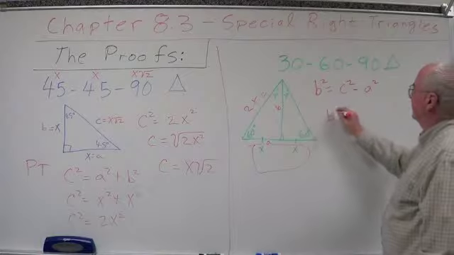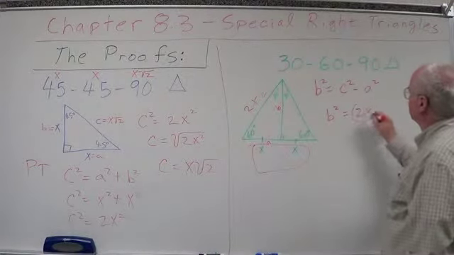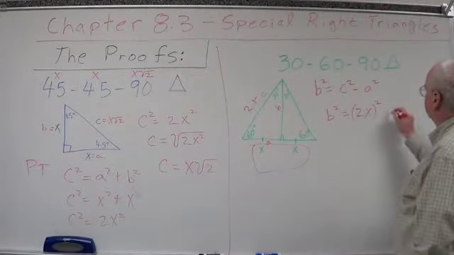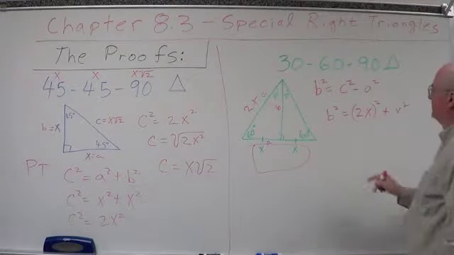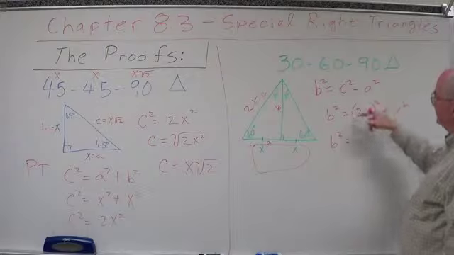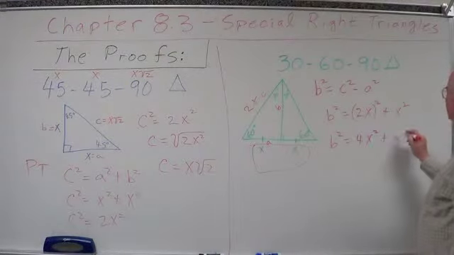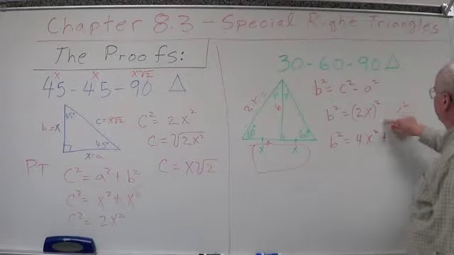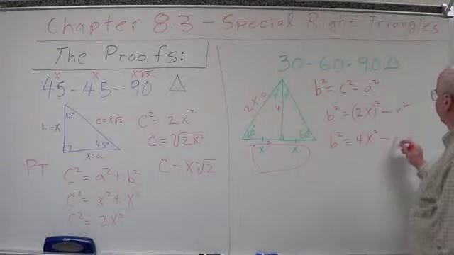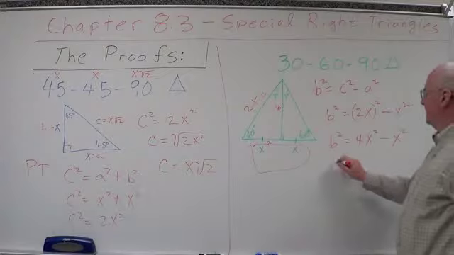So B squared equals, what's C squared? 2x squared, what's A? Minus x squared. So let's do it. Equals, square everything inside. Square the 2, that's 4x squared, minus, because we're subtracting, x squared.